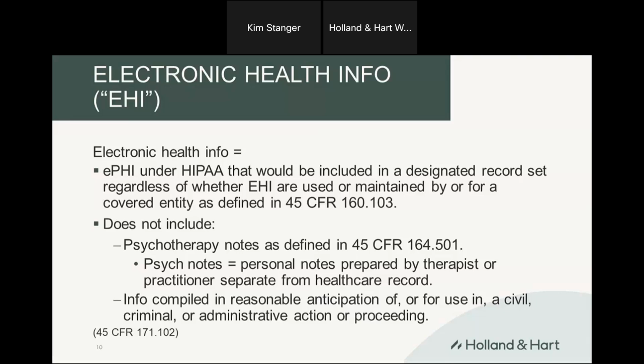So unpacking that a little bit, EHI applies even if you're not a covered entity under HIPAA. If you have EHI, then the information blocking rule still applies to you if you're an actor.